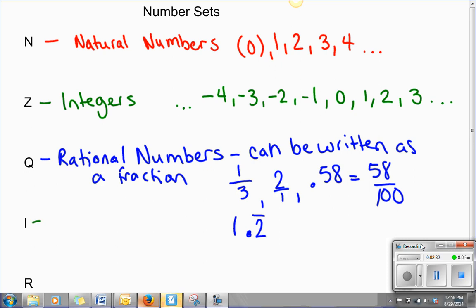Okay, I stands for irrational numbers. Irrational numbers cannot be written as a fraction. So it's a decimal that never ends and never repeats.